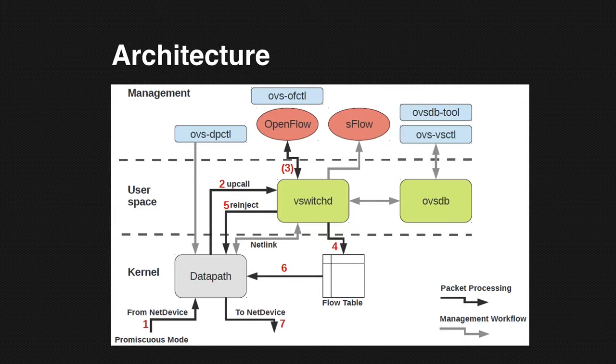Then finally, there are a number of tools to manage all this framework. OVS dash commands are user space CLI utilities to configure this or that aspect of OpenVSwitch. Let's better see them all in action.